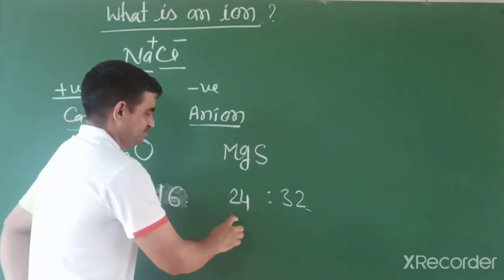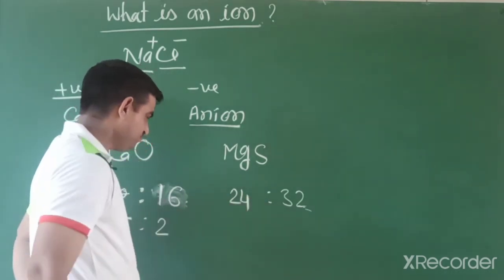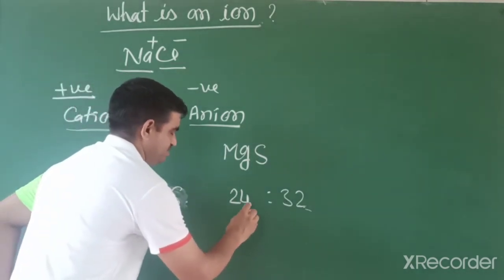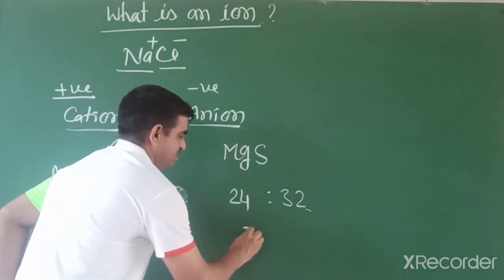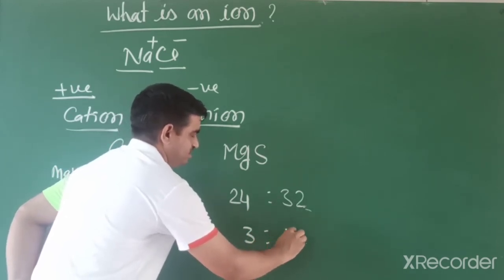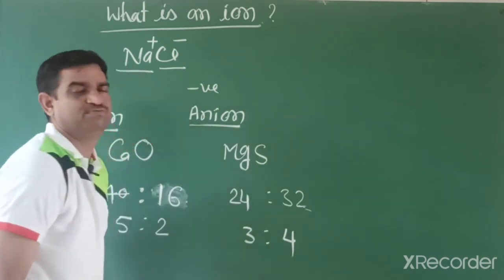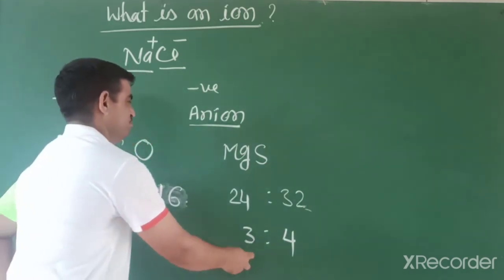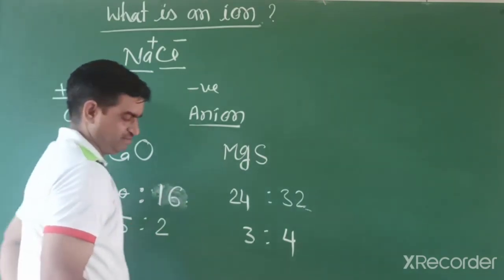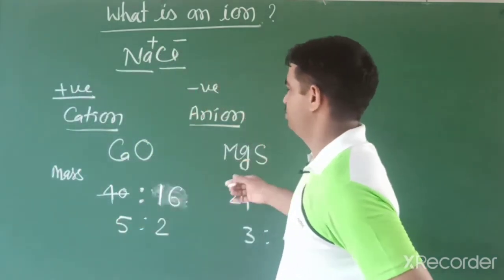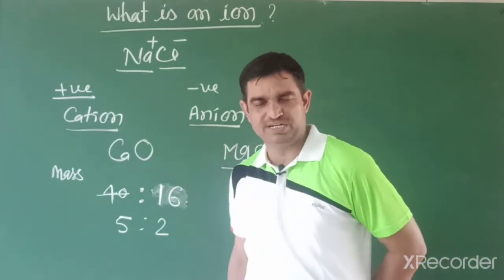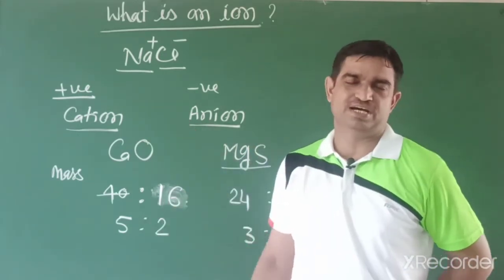You divide this by 8. 8 times 3 is 24, 8 times 4 is 32, so 3:4 for magnesium sulfide. And we already discussed another compound, water, also a compound, with cation and anion. So in this way positive and negative charge are present, and that is known as ion.